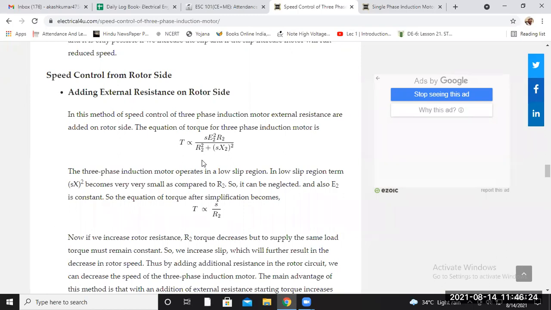So it is written here, the three-phase induction motor operates in a low slip region.